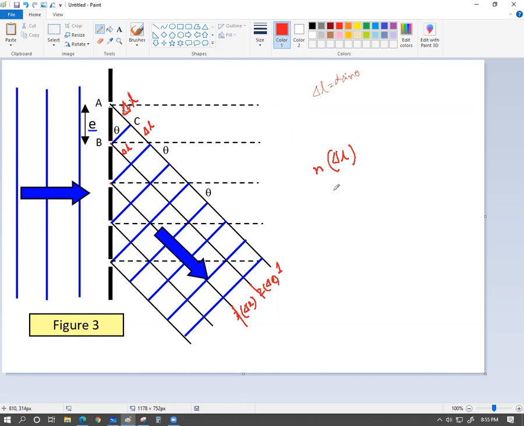If you are trying to get the path difference between 1 and 2, the path difference is delta L or d sin theta. If you are trying to find the path difference between 1 and 100, that would be 99 delta L. বুঝতেছো কি বলতেছি?